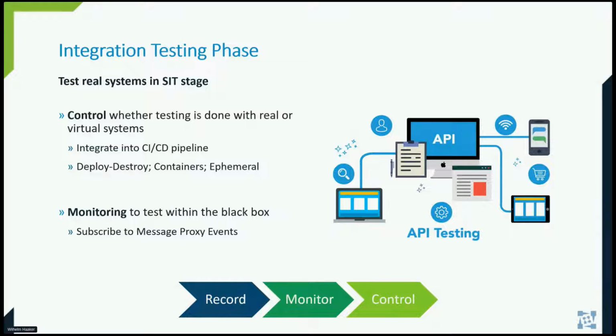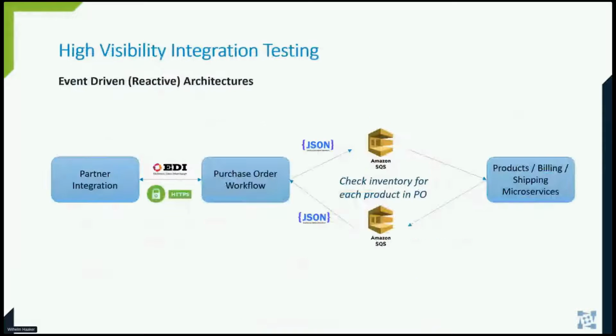And what monitoring from the message proxies exposes is the inner workings of these complex workflows so that you can now implement a better test that tells you where the problem is, not just that a problem exists. So imagine you have some order processing system, right? And it needs to check multiple downstream services like inventory, billing, shipping, right, in order to fulfill an order.